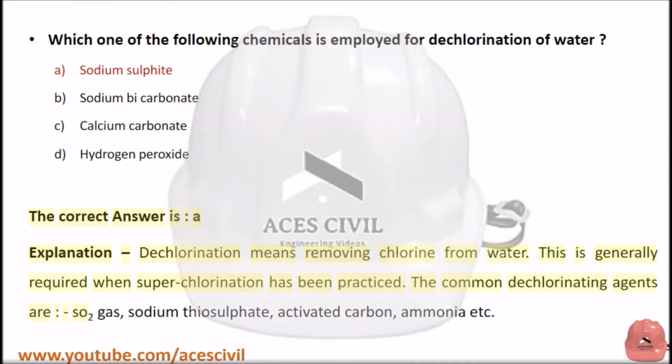Dechlorination means removing chlorine from water. This is generally required when superchlorination has been practiced. The common dechlorinating agents are SO2 gas, sodium thiosulfate, activated carbon, ammonia, etc.